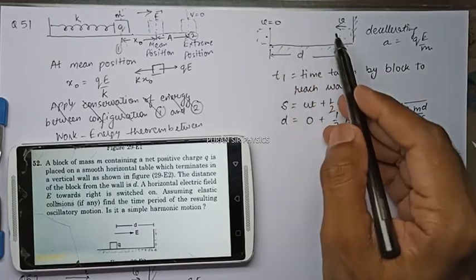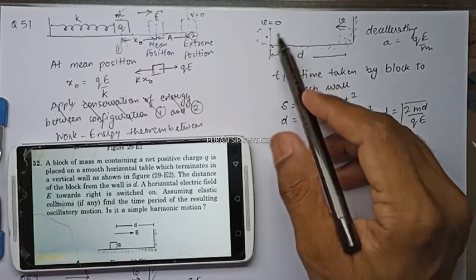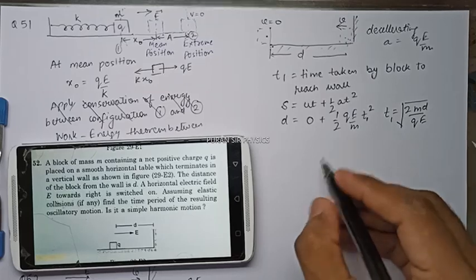So this is the time taken from here to reach here, and the same time will be taken by the block from here to reach here when the velocity becomes 0.